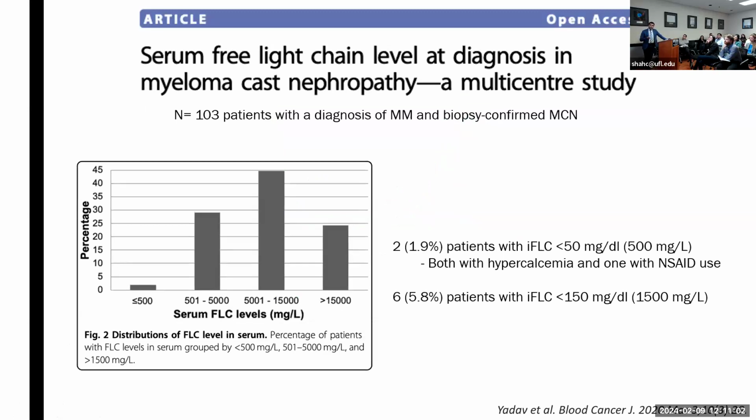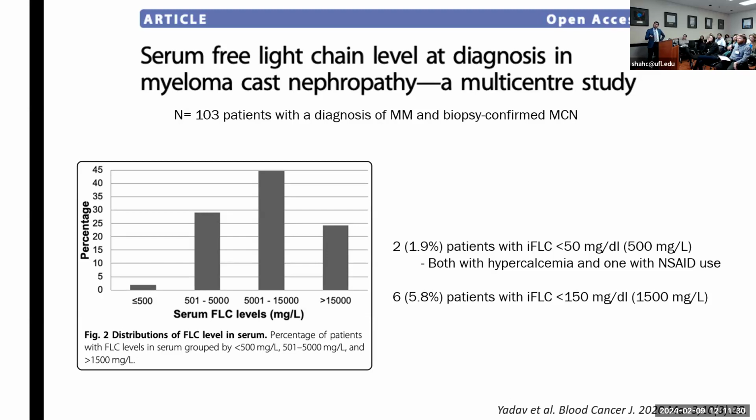Second, the involved free light chain level. They included almost 103 patients with light chain cast nephropathy confirmed by biopsy, and plotted their initial presenting serum free light chain levels, so we could calculate the probability of cast nephropathy when biopsy confirmed.